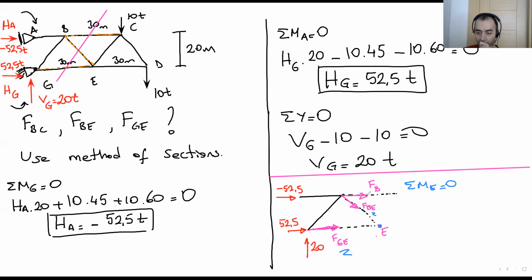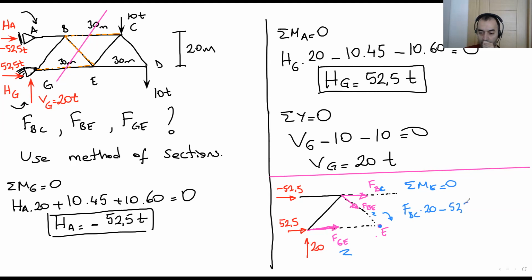So FBC times the height of the truss, FBC times 20. And then what I have more, minus, this rotates in the positive direction according to my assumption.